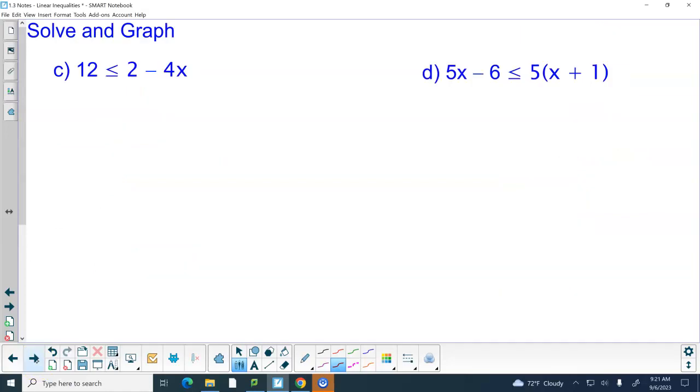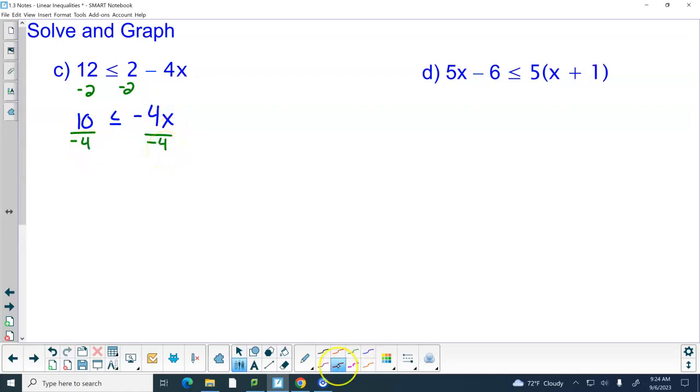Okay, here we go. You try those two. Go for it. Subtracting 2 gives me 10 is less than or equal to negative 4x. Dividing by negative 4 should have alarm bells going off.